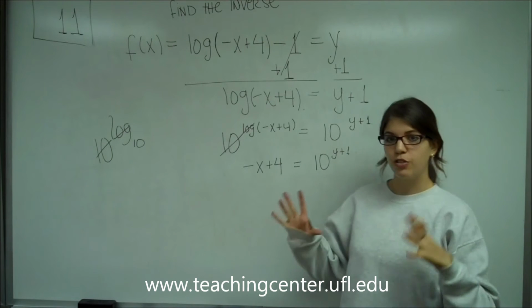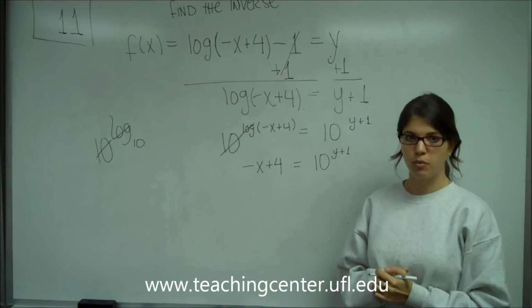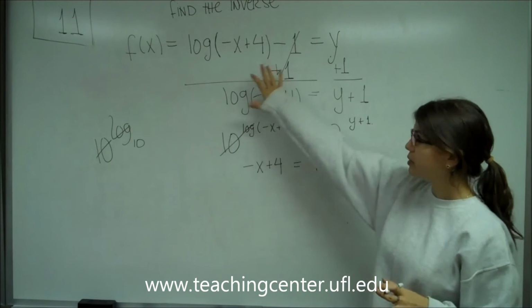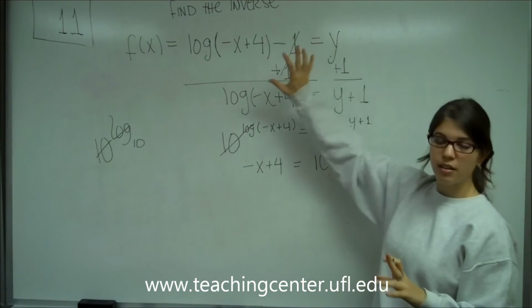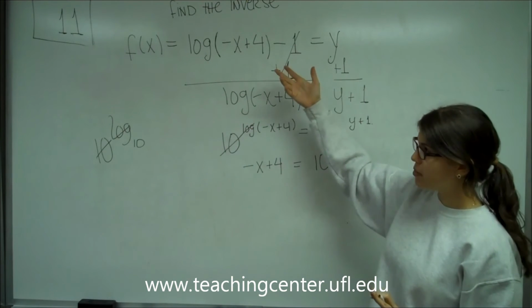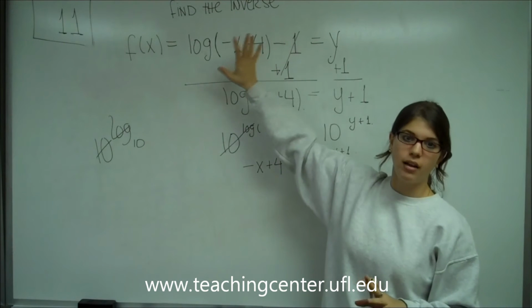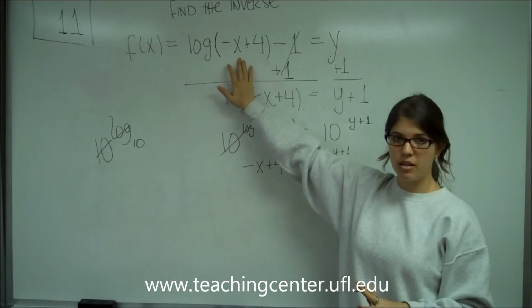And remember, we're solving for x, and this is where things are going to get confusing because you have to remember what you did. Did I first put the y and the x, did I first flip them, or what am I solving for? So if I flipped them in the very beginning, I'm solving for y. If I didn't flip them, I'm solving for the x, which is what I did.